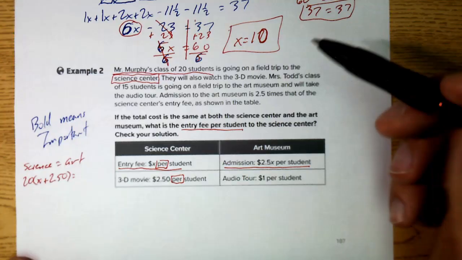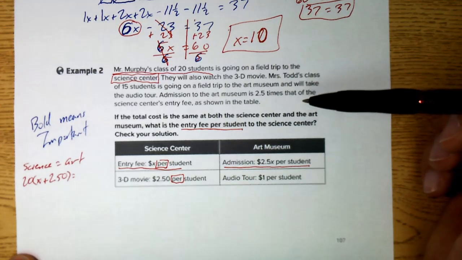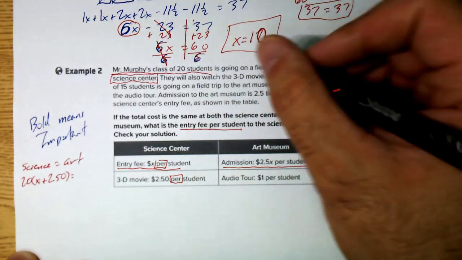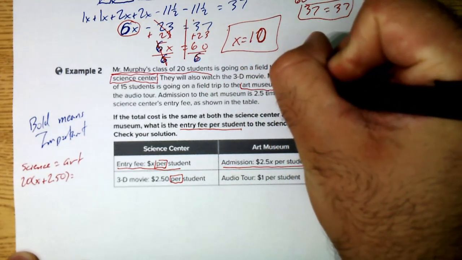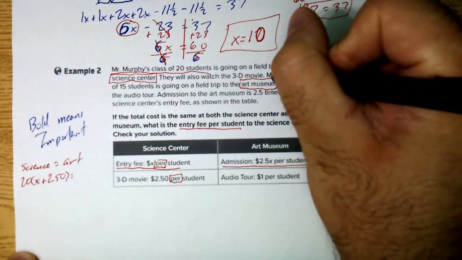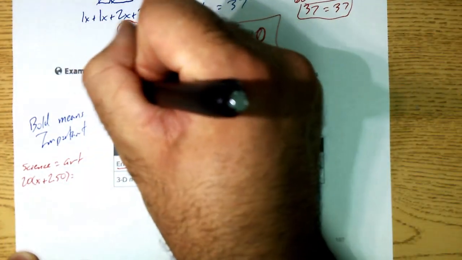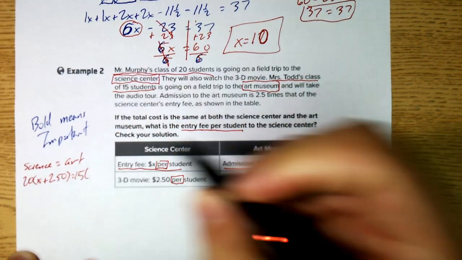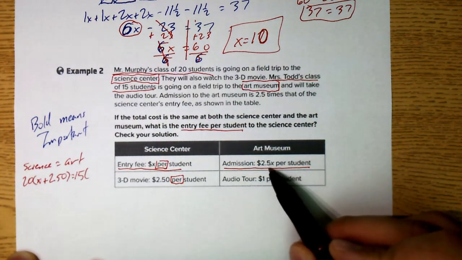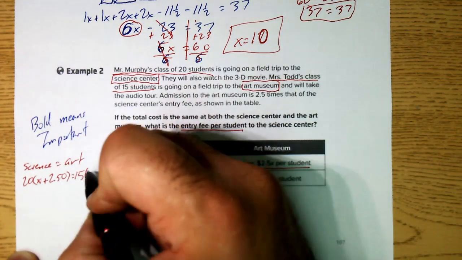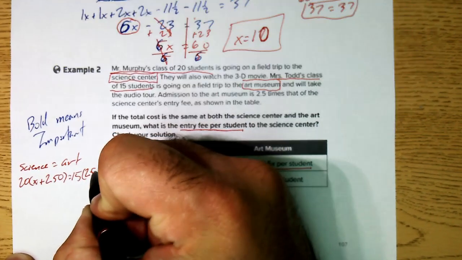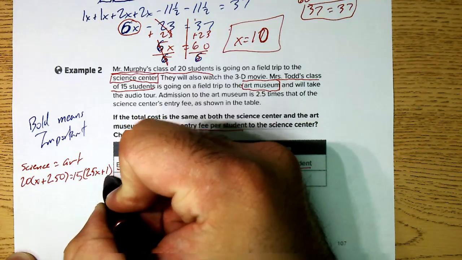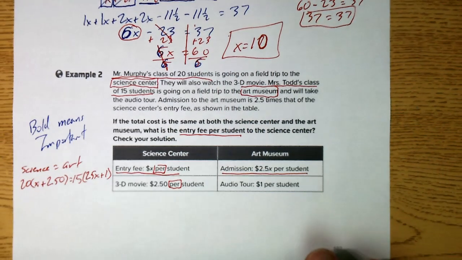Let's do the same thing for the art museum. How many students went to the art museum? All right, it's an art museum right here. Miss Todd's class of 15 students. So I'm going to start out that same way. 15 times the cost of the ticket, so 2.5x, plus that 1 for the audio tour.